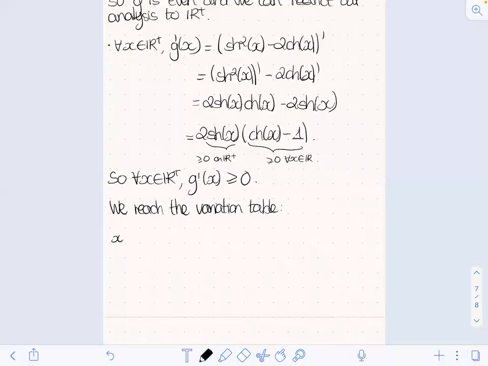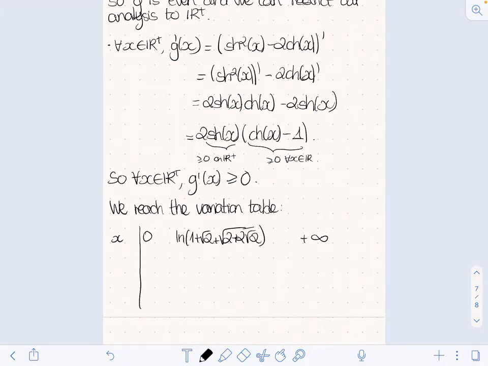So for the values of x, we can restrict ourselves to R plus, so we can go from 0. We can take the value from question 1 where we know the function is equal to 0. Okay, we know that it's logarithm of 1 plus square root of 2 plus square root of 2 plus 2 square root of 2. The function is equal to 0, and you can probably see why we answered that question first.